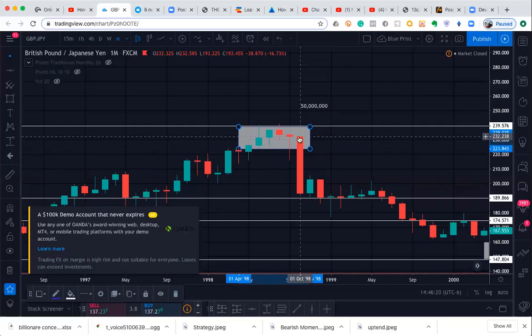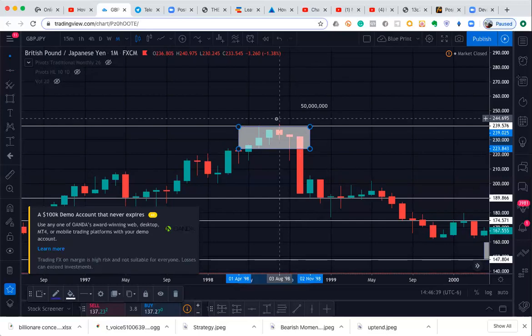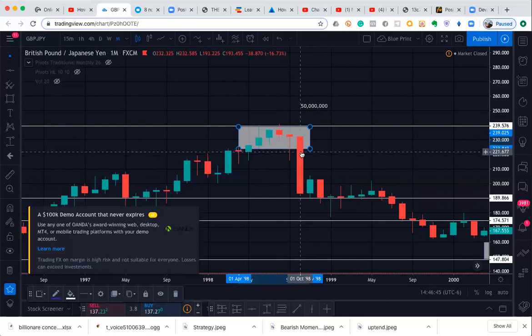Now this candle does not throw a wick back, thus hitting our stop loss. Does that make sense? Yeah. So this candle doesn't throw a wick that is going to take us out, because we're down here low enough.